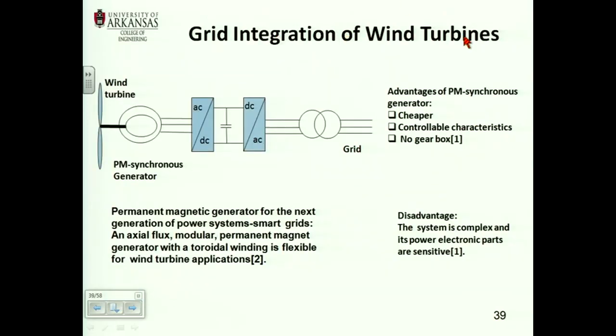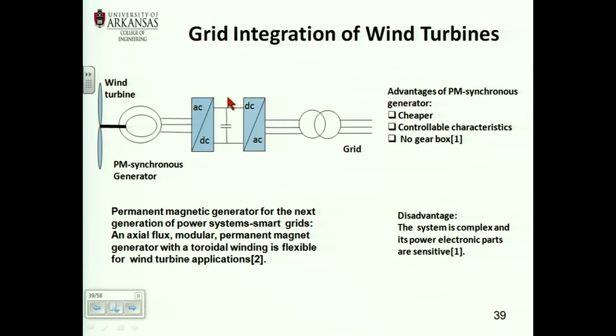And here is the question: how do you integrate wind turbines? Some of you are going to work on this. Well, if you have a permanent magnet synchronous generator, you have a variable speed, so you are going to get variable frequency.